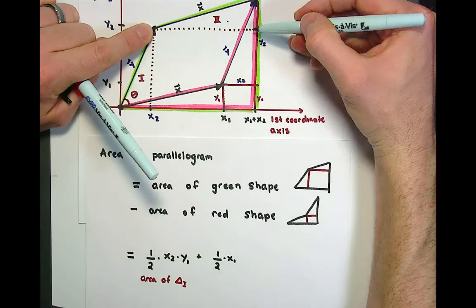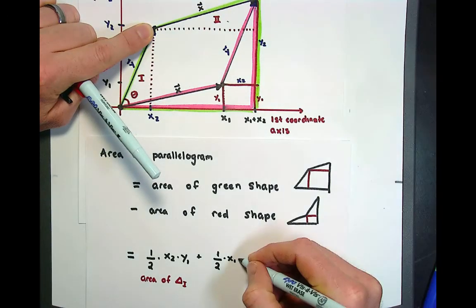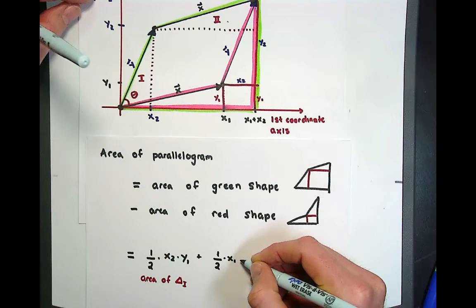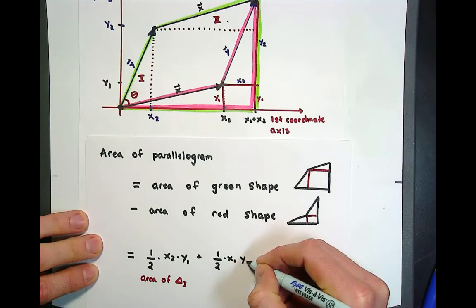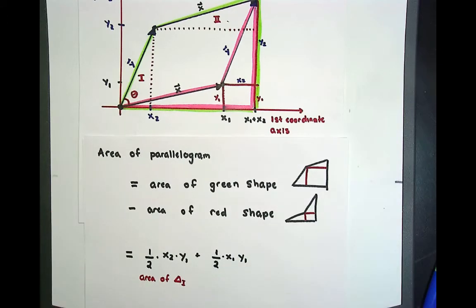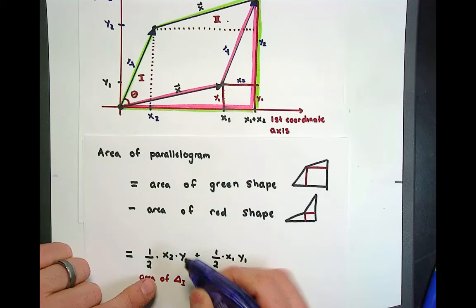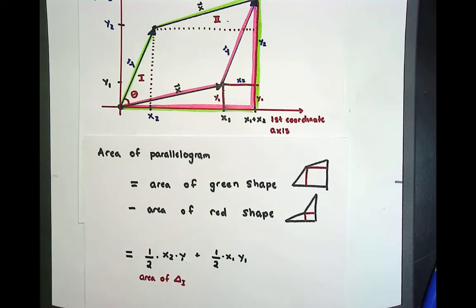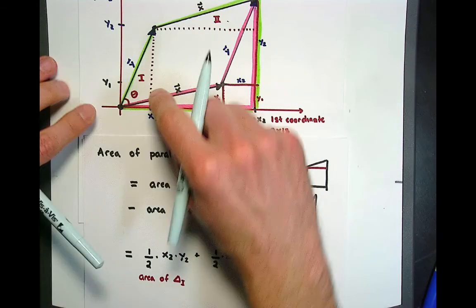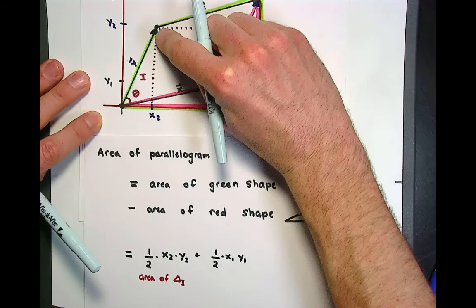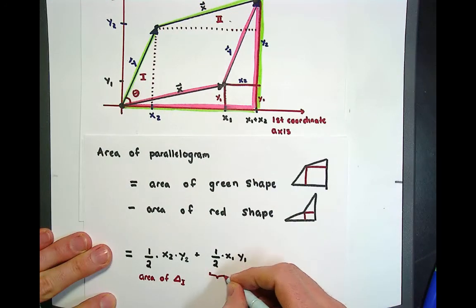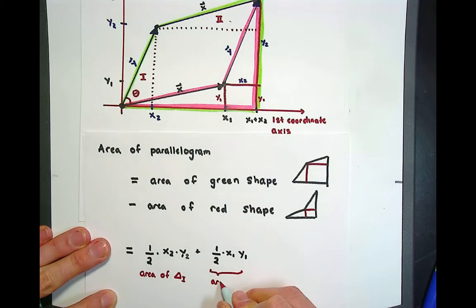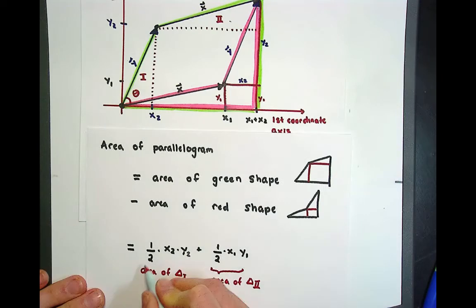And then the height would be y1. Oh, I think I made a mistake here. This, of course, should be y2, because this is y, so the height there is y2. Okay, so this now right here is called the area of triangle 2. This was the area of triangle 1.